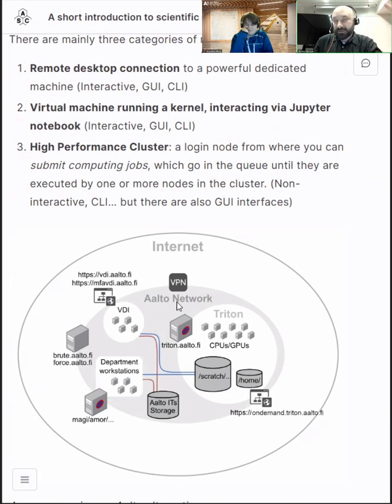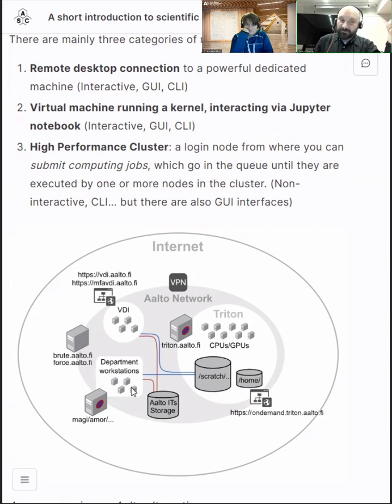And in general, it also makes it easier to prevent external attacks. So using the VPN in the end is useful, but of course there are also ways to connect to this system without necessarily being in the VPN. But for simplicity, let's say that now you're in the Aalto VPN, so now you actually have access to all these different elements that you see here.